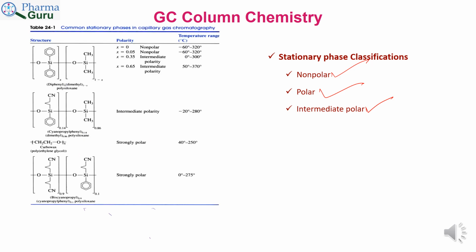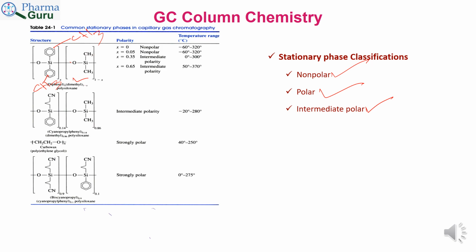See in this picture, suppose you are replacing phenyl ring with CH3, then column stationary phase will be dimethyl polysiloxane and it will be non-polar, and dimethyl polysiloxane is used for separation of non-polar compound.